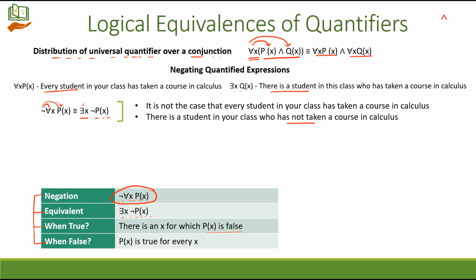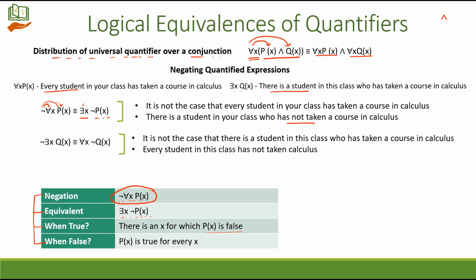Now let's get into negating existential quantification. First apply negation to the existential and change it to universal. Then apply this negation to q of x. This is negation of q of x. It is not the case that there is a student in the class who has taken a course in calculus. How can we say it in another way?